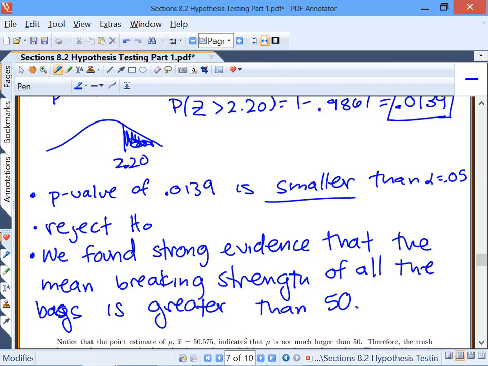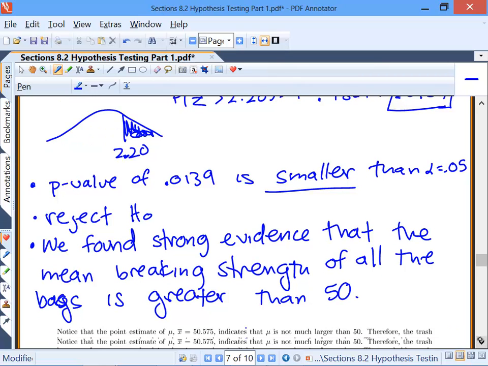Okay. So I found strong evidence that my population mean is greater than 50, but still my best guess for what it is is 50.575. Now let me ask you, if you were going to go out and buy a trash bag, do you really care if your breaking strength is 50 pounds or 50.5 pounds? It's probably not going to make a difference to you whether or not you can put in that one more can.